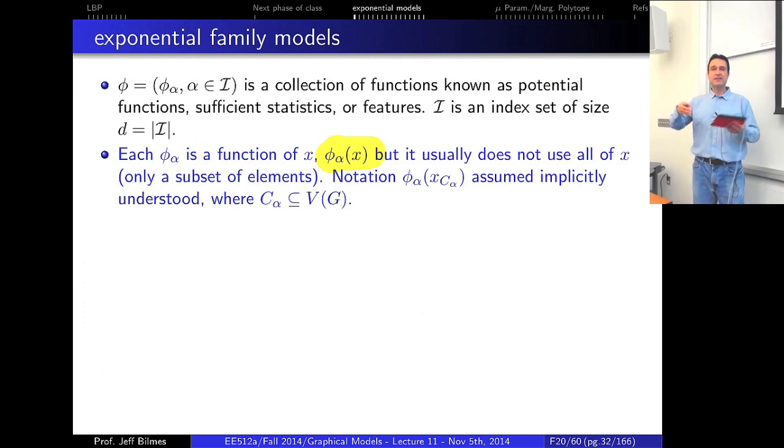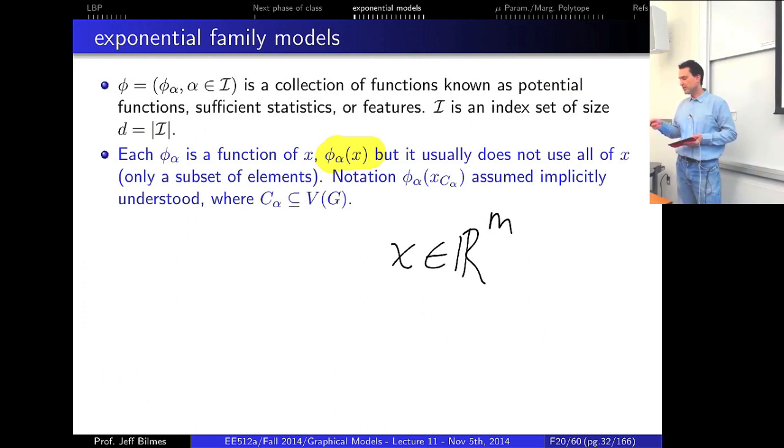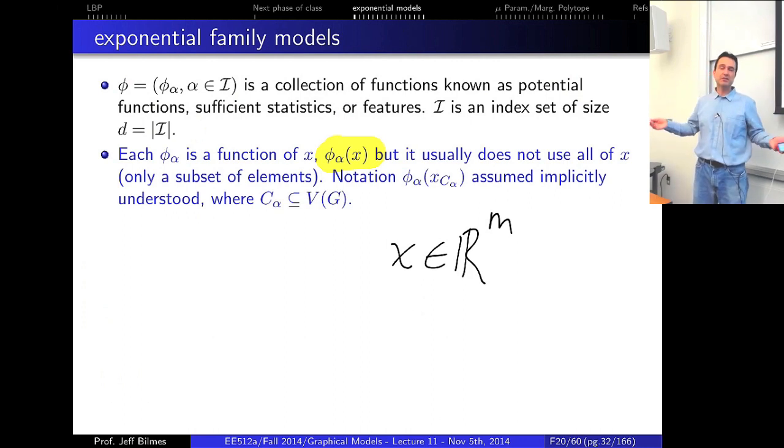In general, x is our big vector of random variables. I think the notation they use is that x is of dimension m. I think we were using n, but in any event, the book uses m for the dimensionality of x. And so x could be this very high dimensional vector, and phi is a function of x. But in fact, phi typically will only look at a subset.